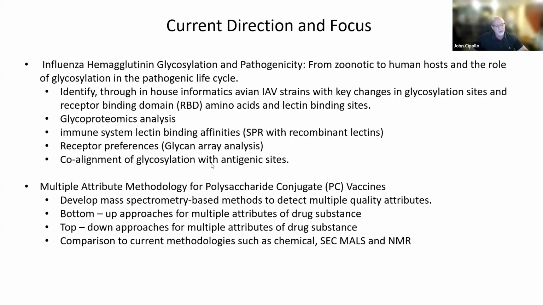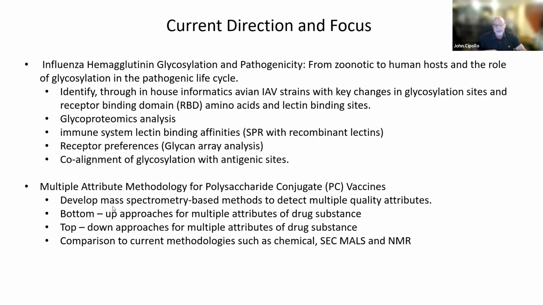Then receptor preferences, so glycan array analysis with some collaborators that we have, and also co-alignment of glycosylation sites, the glycans present, the range and heterogeneity at each of those sites, and how they align with antigenic sites. So getting back to immunity and vaccine issues and how glycosylation may impact those events.